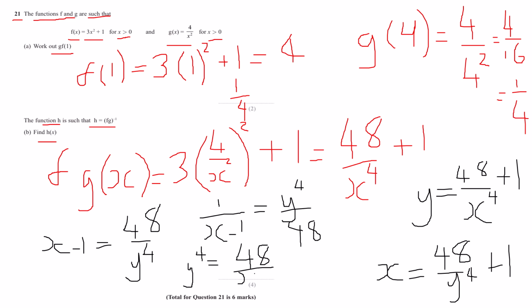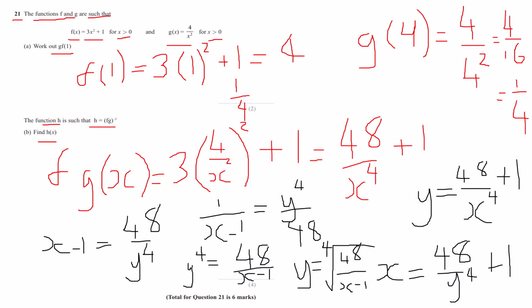Last step now, guys, we're nearly there. Or last few steps. What's the opposite of power of 4? Well, I'm going to take the 4th root, or raise it to the power of a quarter. So I'm going to have y is equal to the 4th root of 48 over x minus 1. Final step.